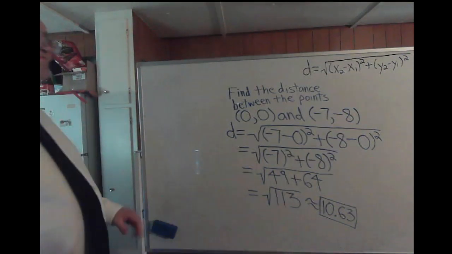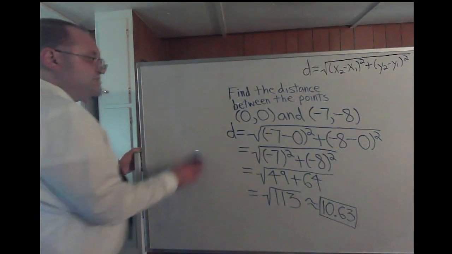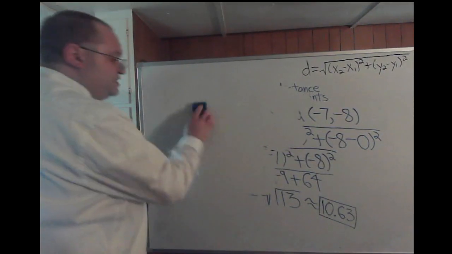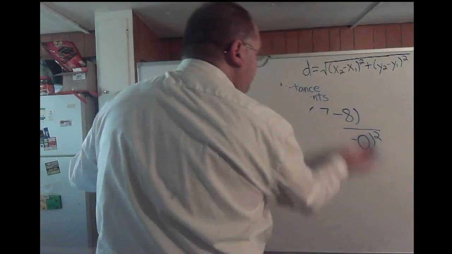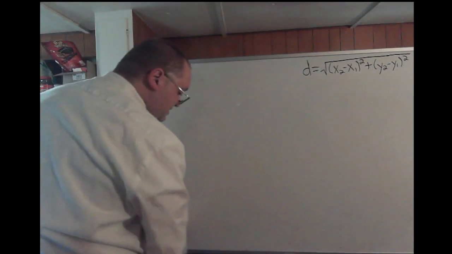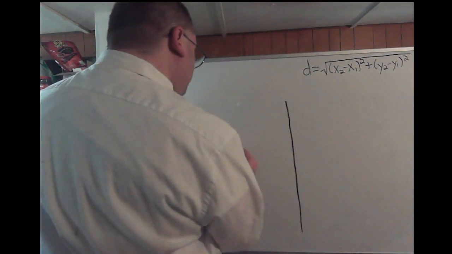Alright, so that's really it for normal finding distance formulas, but there are a couple of examples I want to do here that involve finding the perimeter of objects on the coordinate plane. There's a way to do that using the distance formula. So let's draw our lovely coordinate plane.